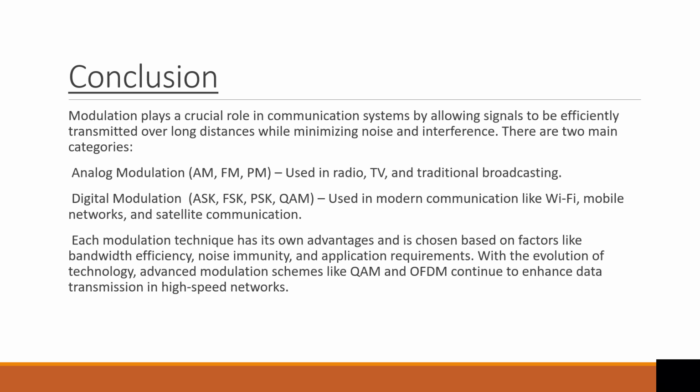Analog modulation, AM, FM, PM, is used in radio, TV and traditional broadcasting. And digital modulation, ASK, FSK, PSK, QAM, is used in modern communication like Wi-Fi, mobile networks and satellite communication.